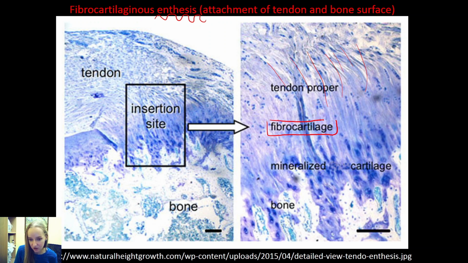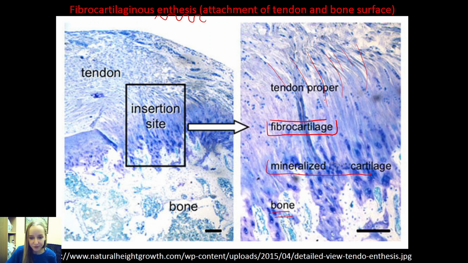Yeah, the cartilage that contains also collagen type 1. So there is a space made of fibrocartilage. And after that, here we can see the mineralized cartilage. And after mineralized cartilage, we have a bone.